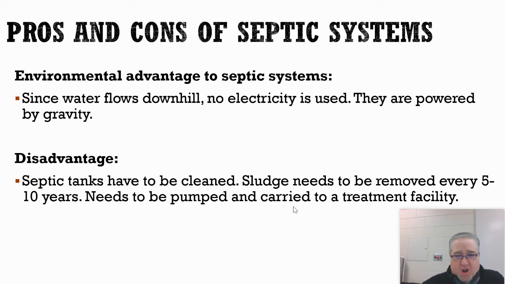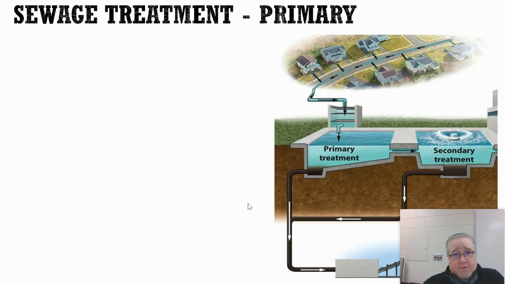The sludge and all the scum in there needs a professional septic tank handler to come out and pump it out, most likely every 5 to 10 years, depending on how many people live in the home and how much waste you produce. Because that's all solid waste and it's hazardous and toxic, when we remove it, it needs to be taken to a treatment facility and disposed of properly. So that's one disadvantage of having those.